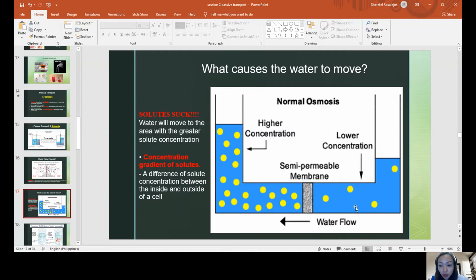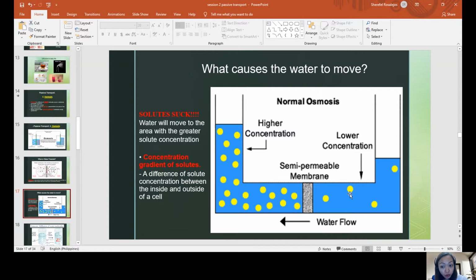Because water moves to where the region has plenty of solutes. Why? Solutes suck. Meaning, water will move to the area where there is greater solute concentration.